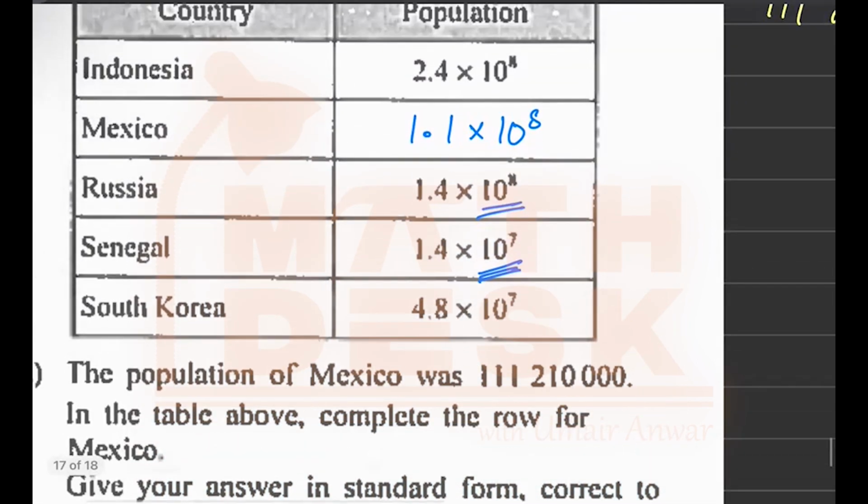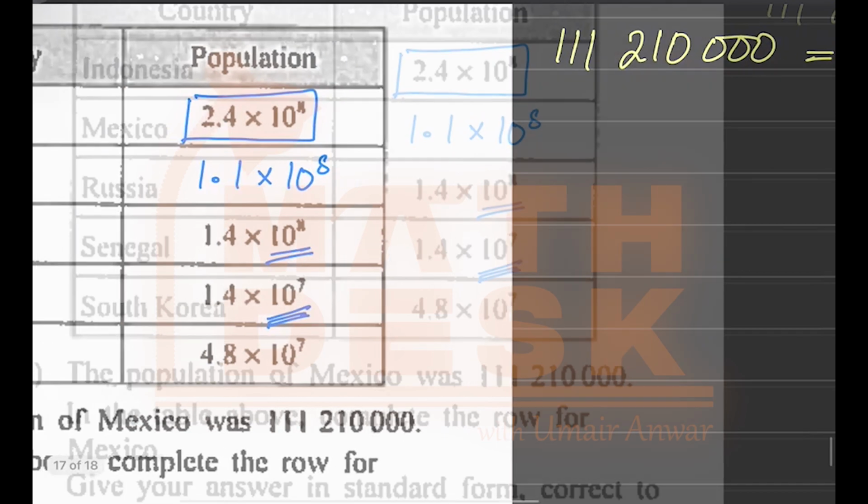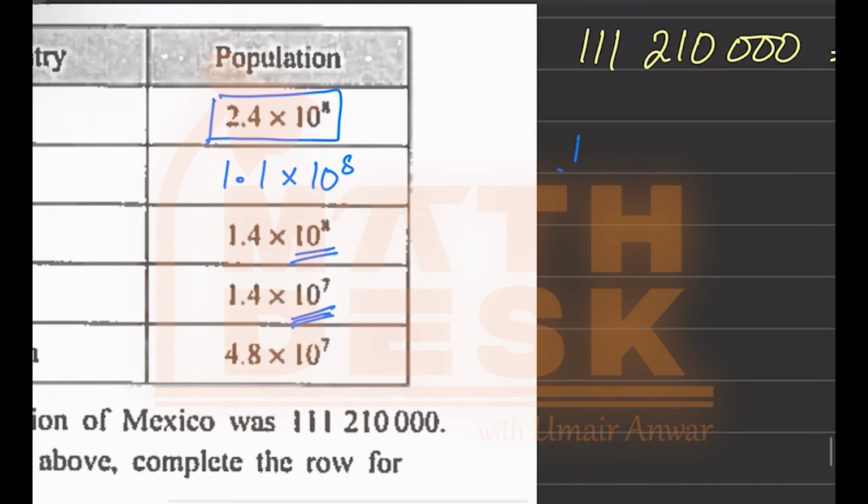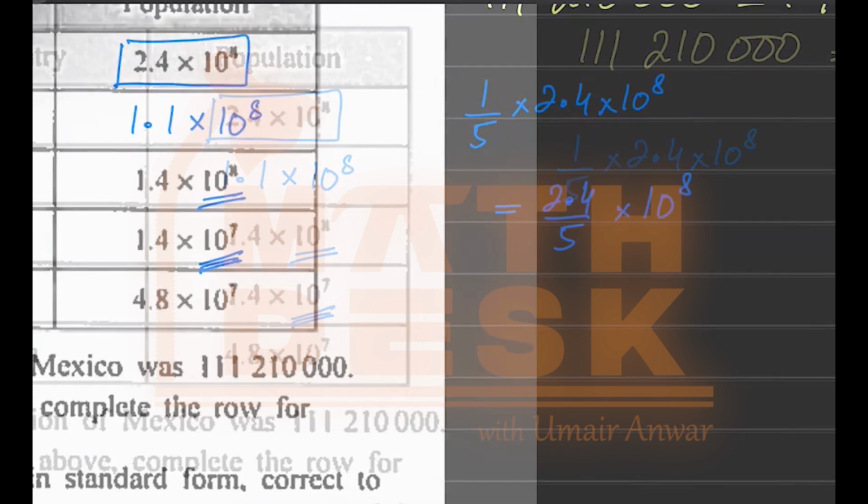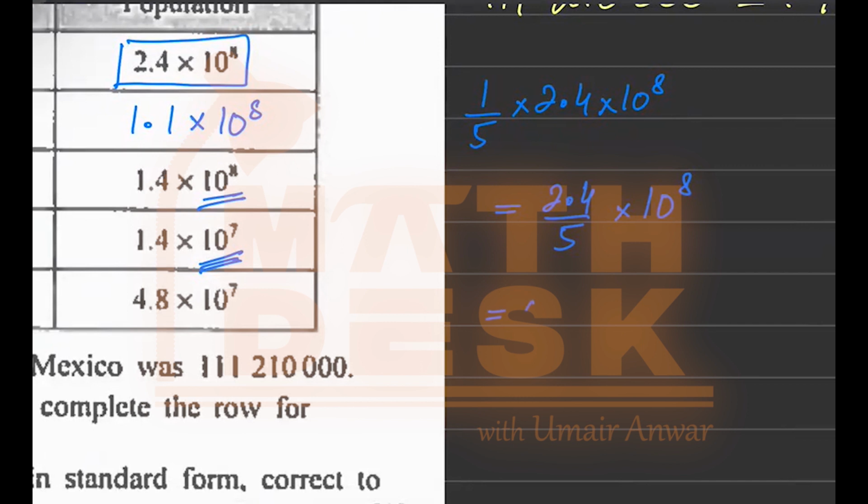The population of dash country is 1/5 of the population of Indonesia. Indonesia is 2.4 into 10 raised to 8. If we multiply this value by 1 upon 5, so 1 upon 5 into 2.4 into 10 raised to 8, it becomes equal to 0.48 into 10 raised to 8. And now if we need to convert it in the standard form, the decimal should be moved 1 unit to the right.